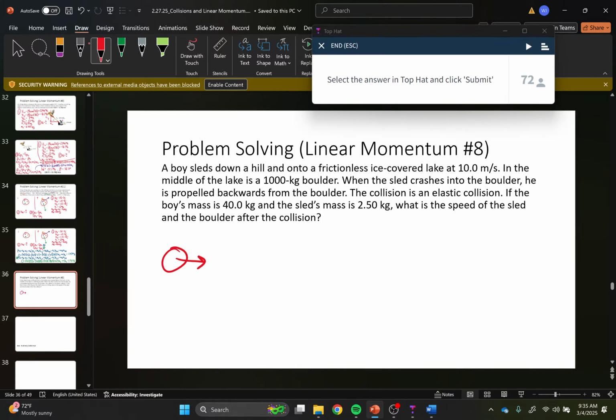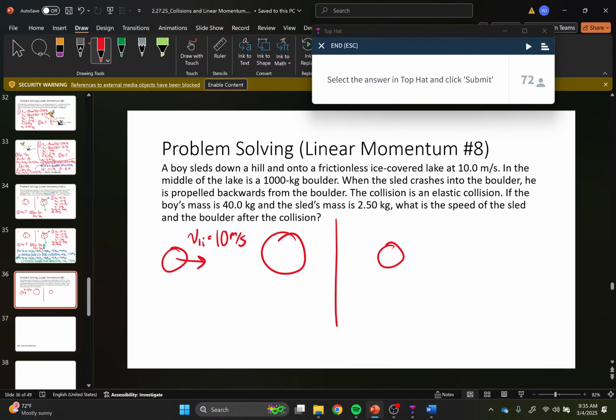So you've got the boy on his sled, cruising. V1 initial is 10 meters per second. And then there's my boulder. Is my boulder moving to begin with? No. He hits the boulder. Do they get stuck together or bounce off each other?